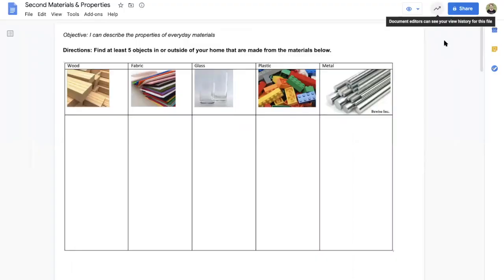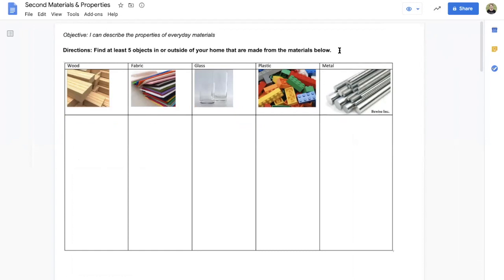So lastly, we're just going to go over some of the follow-up activities that are going to come along with learning about materials and their properties and how to use these materials for the best intended purpose. So I already told you that you would be using this worksheet, but in a different way. So the directions say find at least 5 objects in or outside of your home that are made from the materials below.